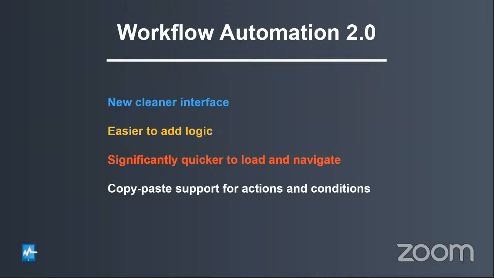We've always had the power in our workflows to build very complex multi-layer workflows, but maybe they became a little bit slow to move around, and now that has changed, and they're a lot easier and quicker to use. And there's also copy and paste support for actions and conditions. So if you're building multiple steps, it's easy to move stuff between those steps.